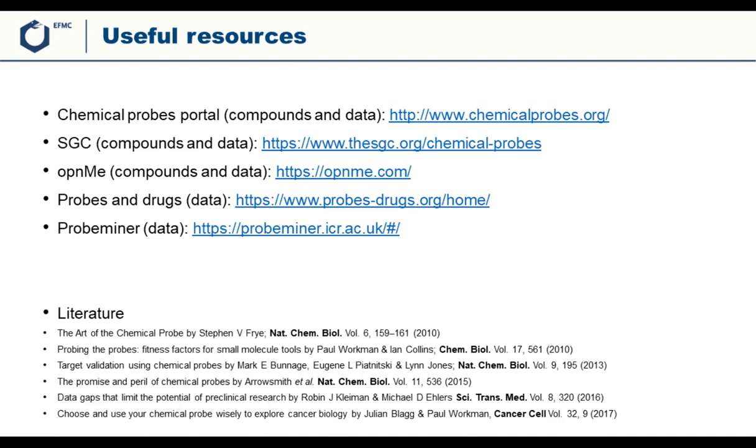This slide collects useful resources. The first five bullet points show useful web portals containing information as well as chemical probes. And we've also summarized some key literature, most of which were cited during this webinar on a few slides before.